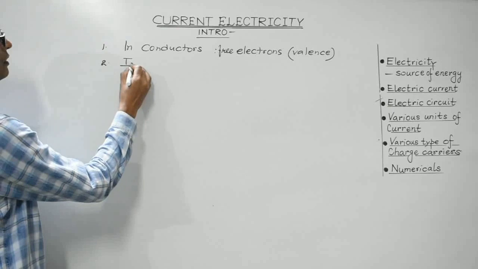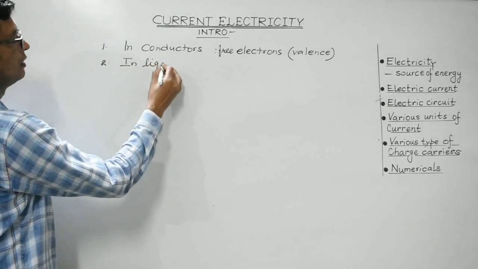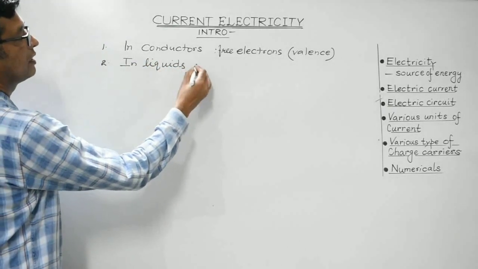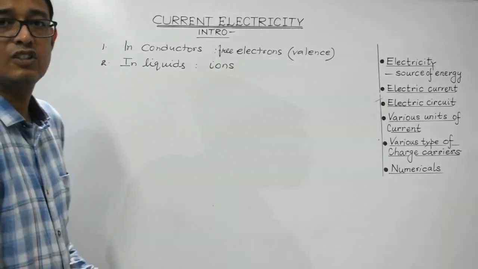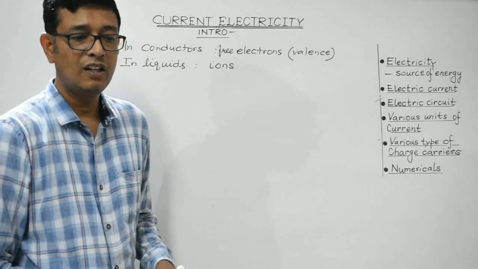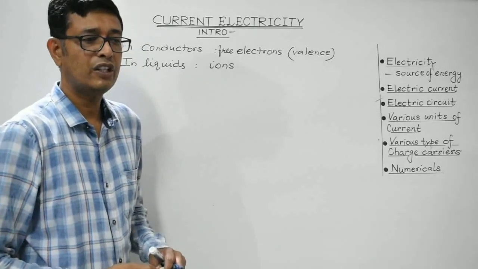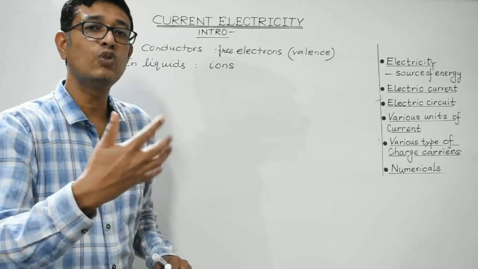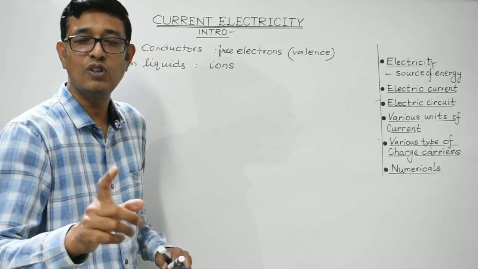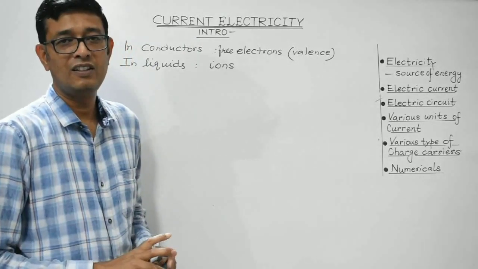In liquids, the charge carriers are ions. They can be cations or anions, right? So there are certain liquids which, when current is passed through them, tend to dissociate into ions. And such liquids are known as electrolytes.